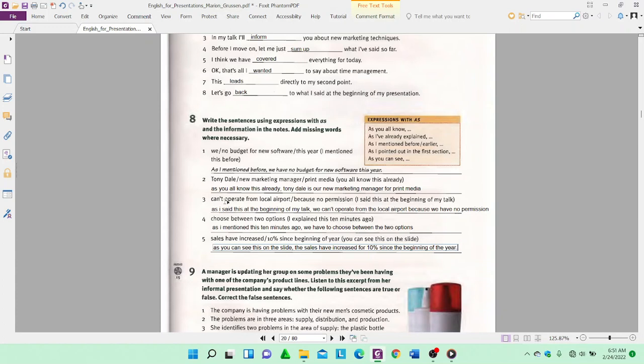Dan dia selalu ingat untuk tensesnya ya, kebanyakan past ya. Kalau yang as you can see on the screen bisa juga sih, presentation ini berarti present kan, sebagaimana yang Anda lihat. Kalau sebagaimana telah saya sebelumnya berarti dia harus past gitu loh. As I said this at the beginning, sebagaimana saya katakan di awal berarti kan past, said ya.